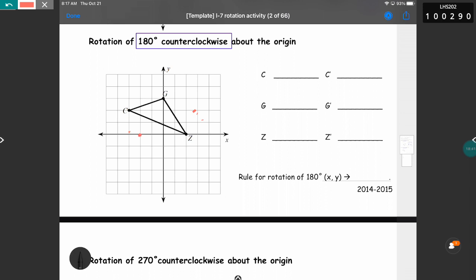So I should be here, and that is Z. I should be here, and this is G. And then I should be here, and this is C. So that should be where my new figure is.